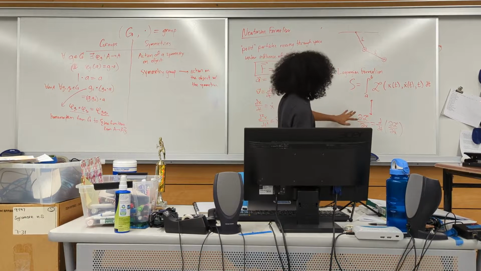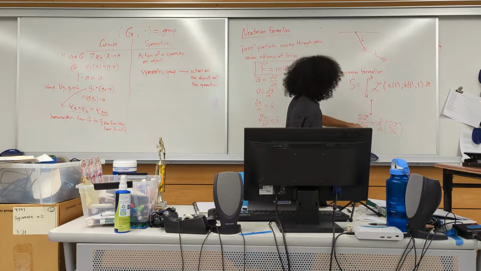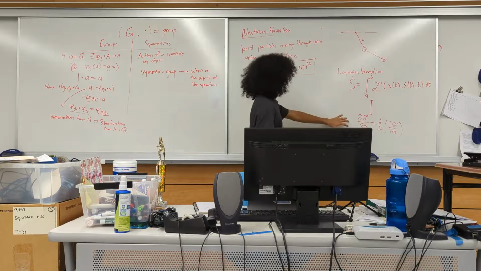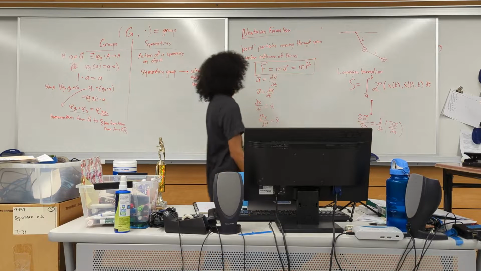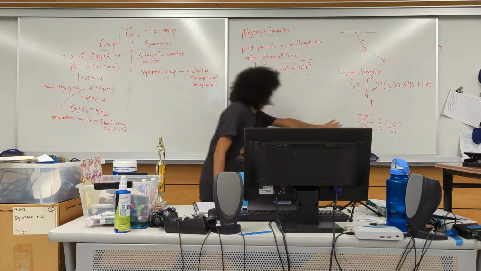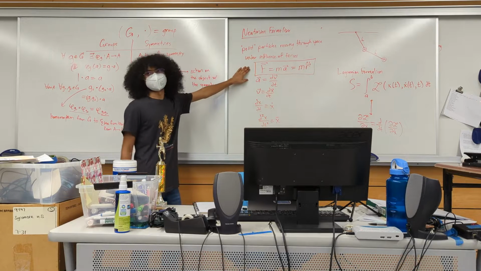So this is just one equation. When you have multiple variables, you get one for each position variable. And those are called the Euler-Lagrange equations. And the idea is that this is a set of differential equations, and this is a set of differential equations.